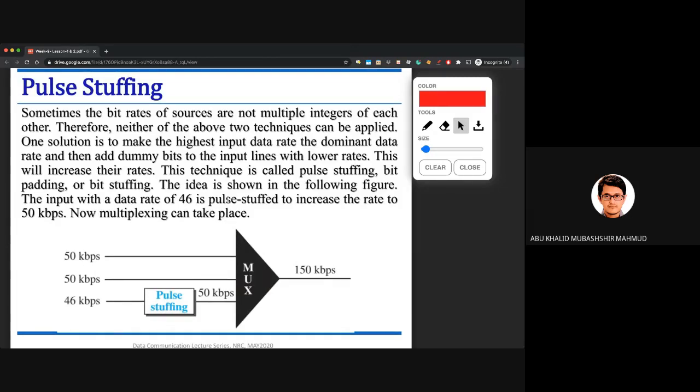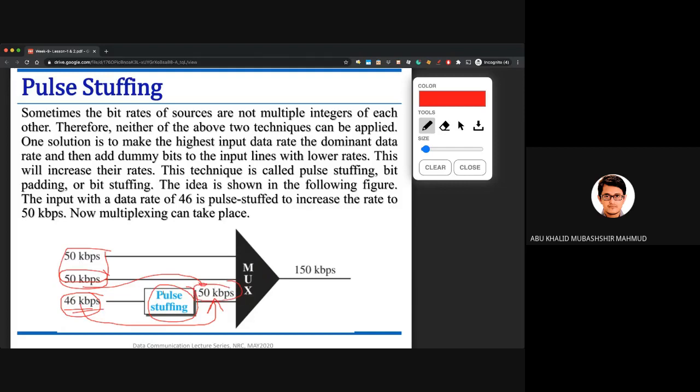In here, what happens is that if this anomalous channel has slightly less speed than the other channels, what we do is add some false bits or pseudo bits to make this 40 kbps uniform, maintaining this 50 kbps speed.